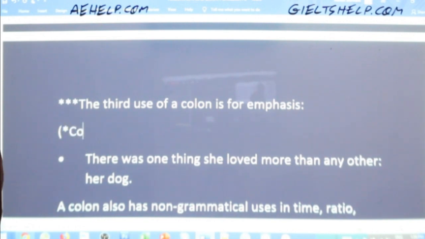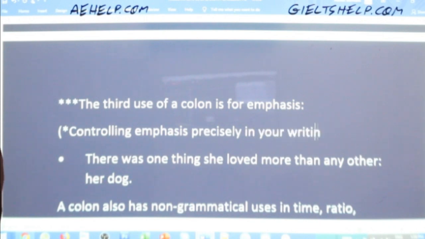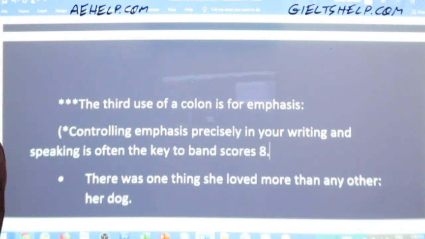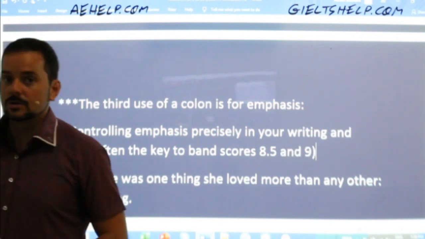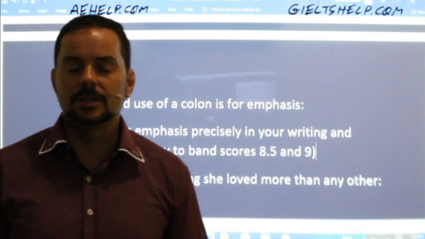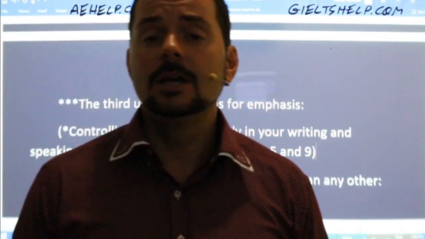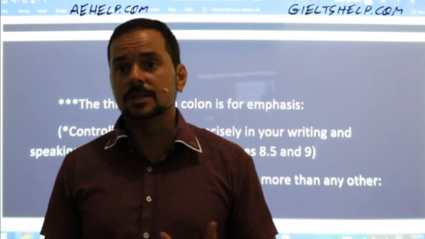So remember this, controlling emphasis precisely in your writing and speaking is often the key to band scores 8.5 and 9. 8.5 band and 9 band score is what ESL teachers, English as Second Language teachers, need to achieve to get jobs in many English language institutions.